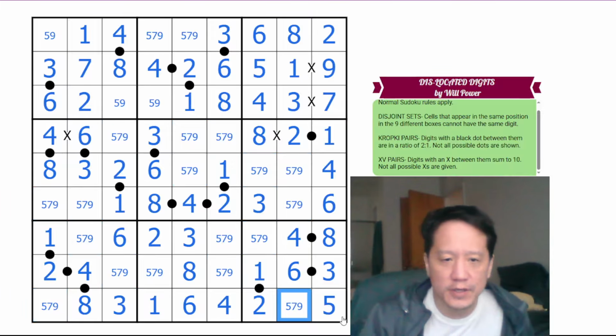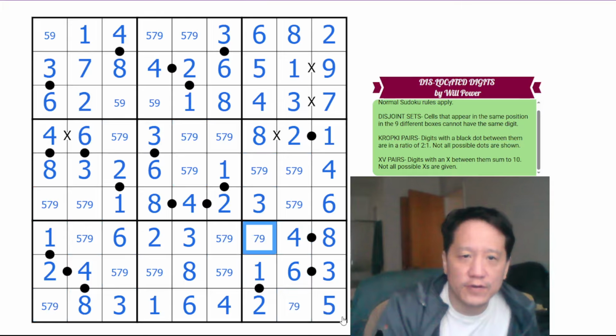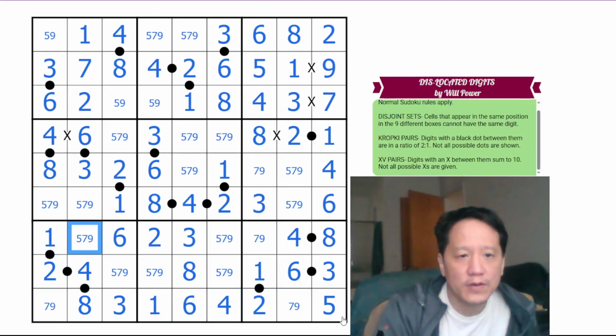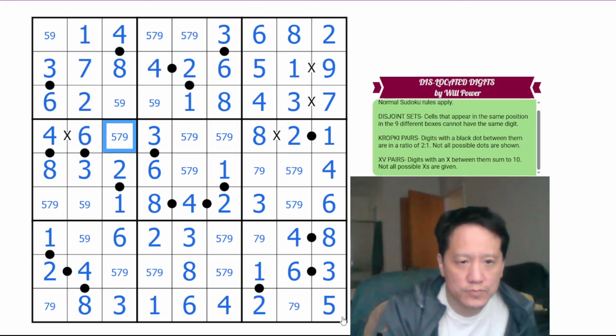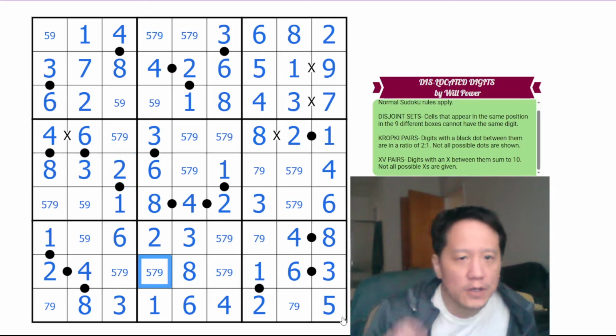Okay. This can't be 5. This can't be 5. This can't be 5. This can't be 5 here. No 7 here, no 7 here, because these are 7s and 5s in the columns and rows. Okay. Where should we look now?